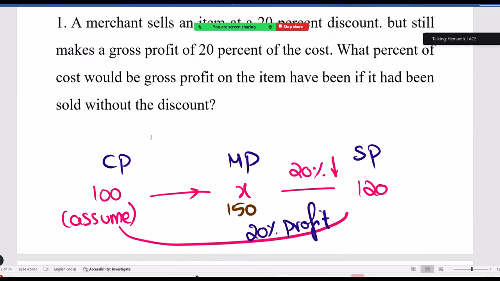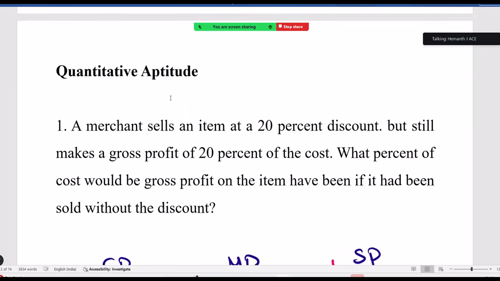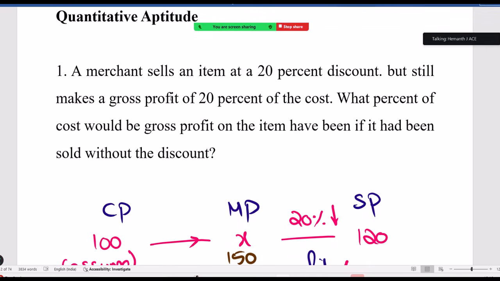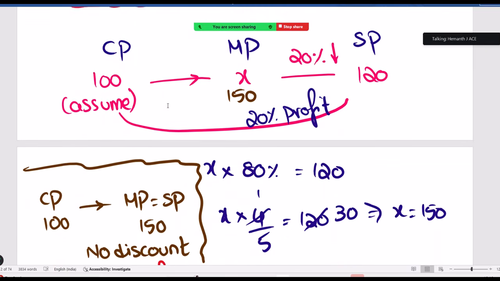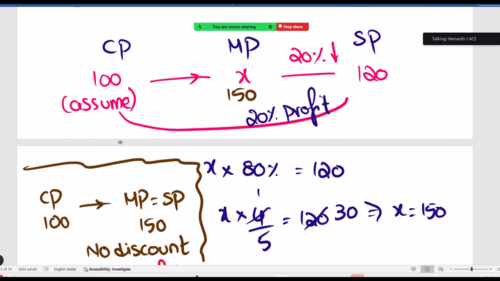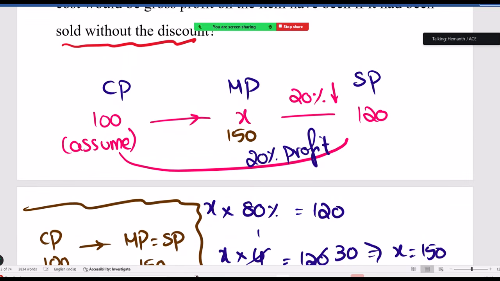See the question again, what is happening? A 20% discount is given, then you got 20% profit. And if sold without the discount, what will be the profit? It's not 40, it's 50% is the answer. When all are percentages, we are allowed to assume some value. So I assumed the cost price as 100, and the selling price became 120 because of the 20% profit.